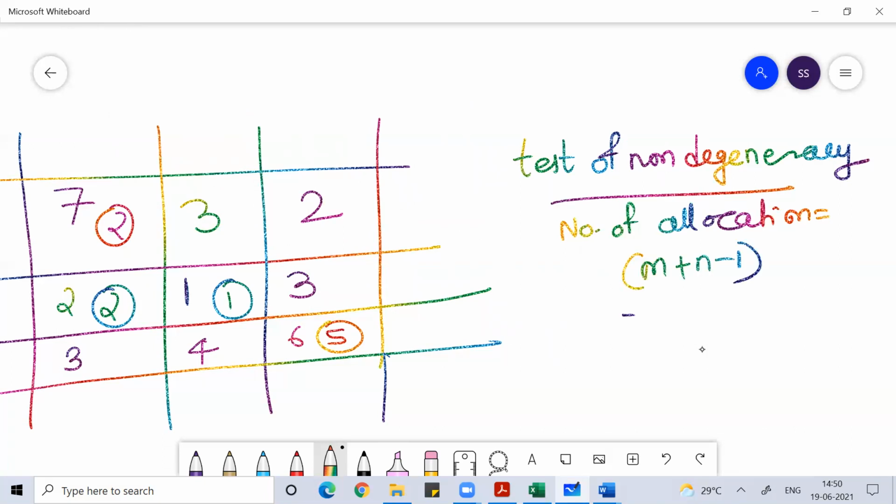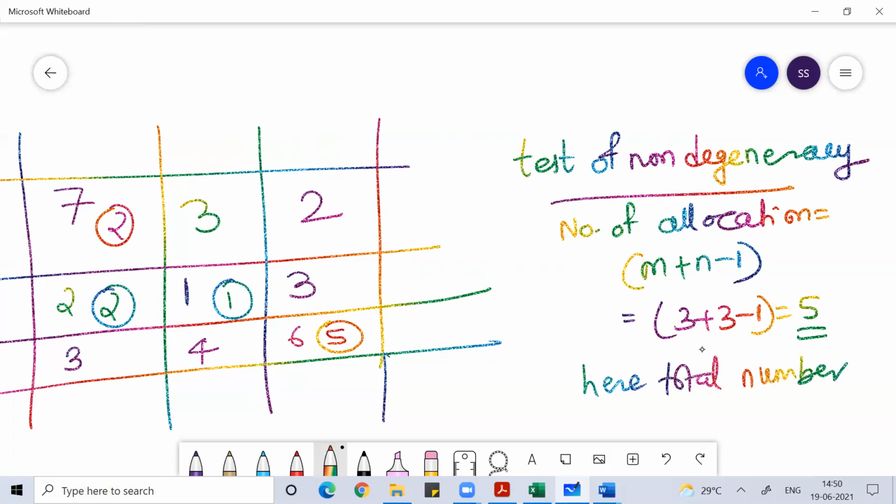So it should be 3 plus 3 minus 1, which means there should be 5 allocations. But here the total number of allocations is only 4.